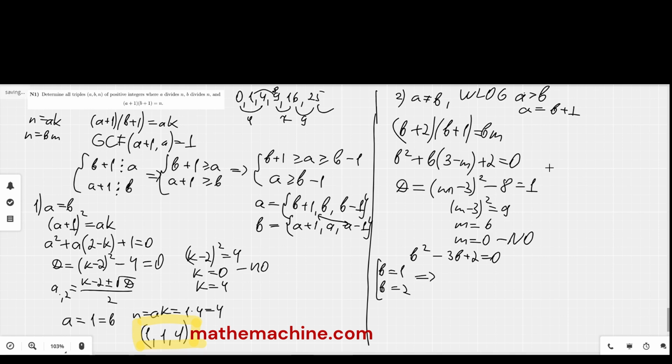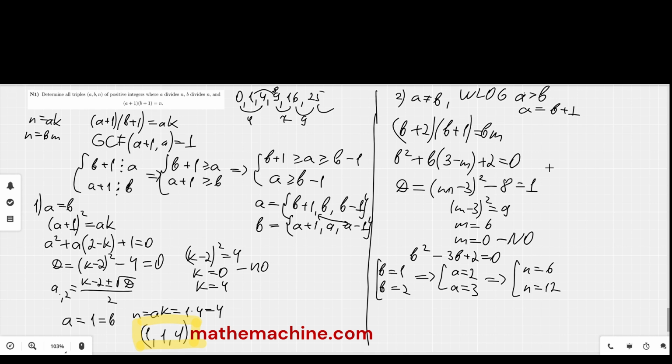Then it automatically returns us a equals b plus 1, so a equals 2 and a equals 3. Let us plug them in. a plus 1 is 3, times b plus 1, 2, gives us n equals 6. And then the second option, 3 plus 1 is 4, times 2 plus 1 is 3, 4 times 3 is 12.